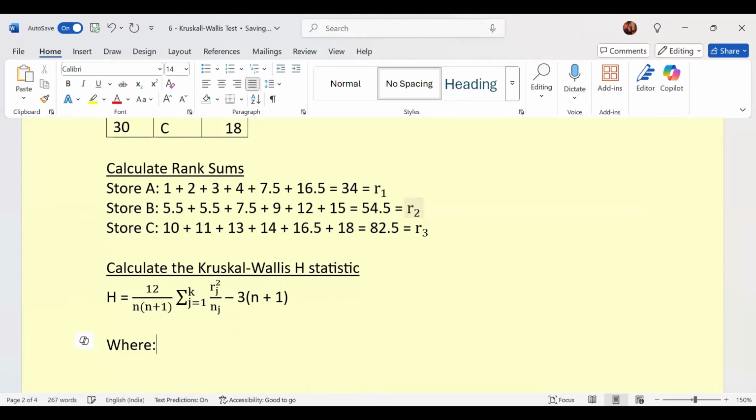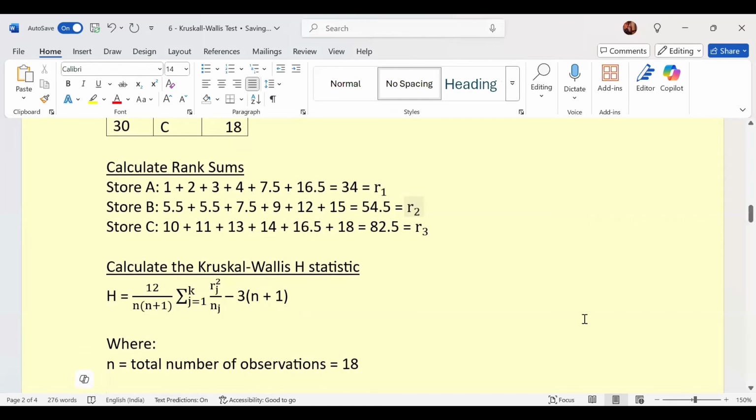Where this small n is equal to total number of observations. Here it is 18 observations, so small n is 18. Next, k is the number of groups.